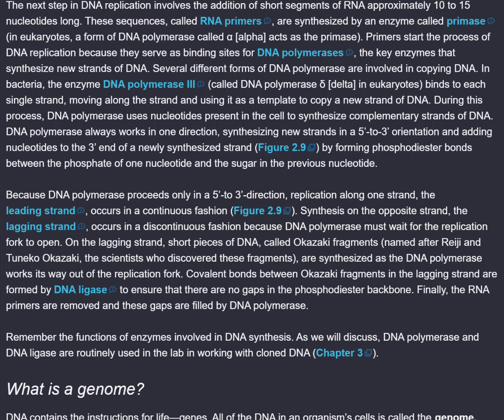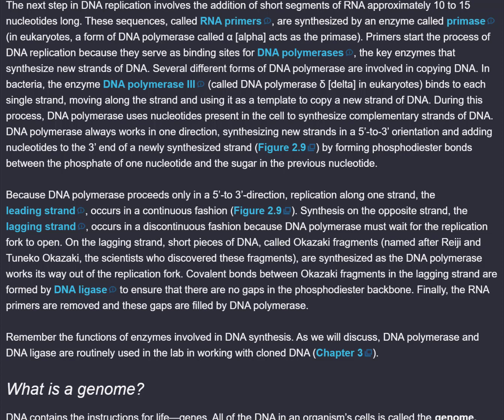Primers start the process of DNA replication because they serve as binding sites for DNA polymerases, the key enzymes that synthesize new strands of DNA. Several different forms of DNA polymerase are involved in copying DNA. In bacteria, the enzyme DNA polymerase III, called DNA polymerase delta in eukaryotes, binds to each single strand, moving along the strand and using it as a template to copy a new strand of DNA.